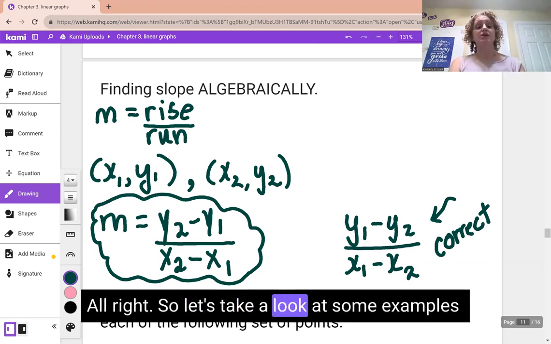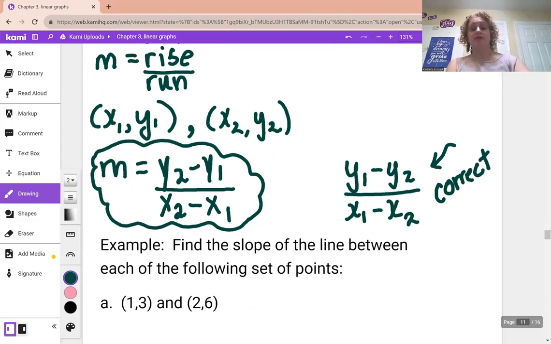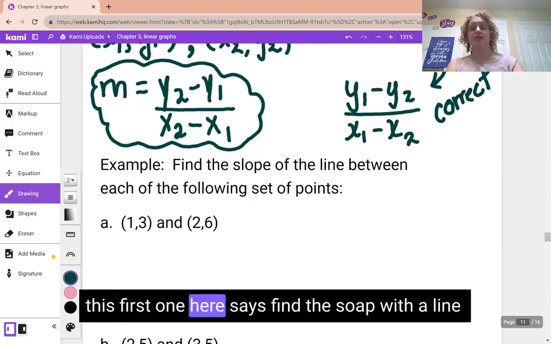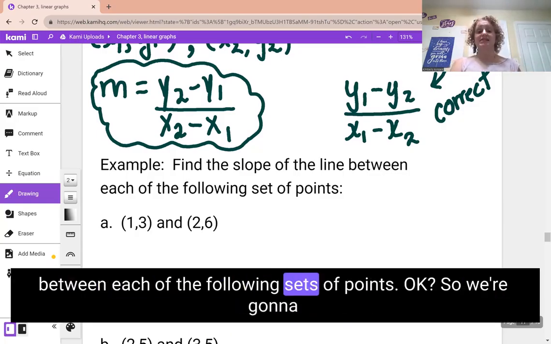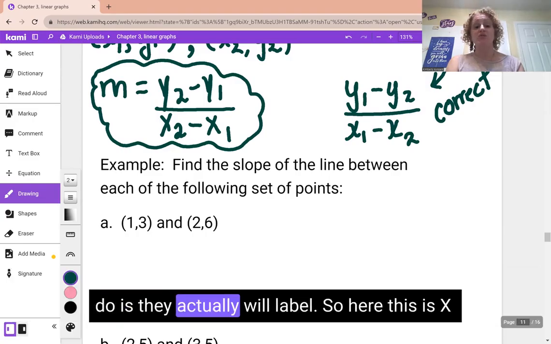All right, so let's take a look at some examples. This first one says, find the slope of the line between each of the following sets of points. So we're going to get some sets of points and find the slope. What some students do is they actually will label.